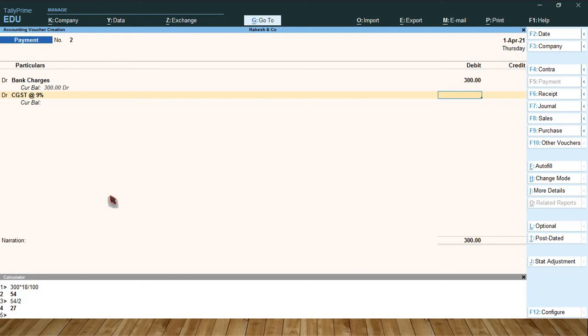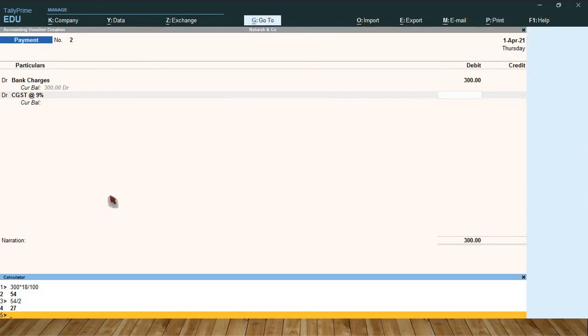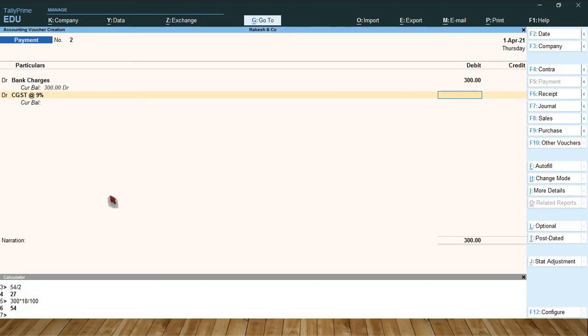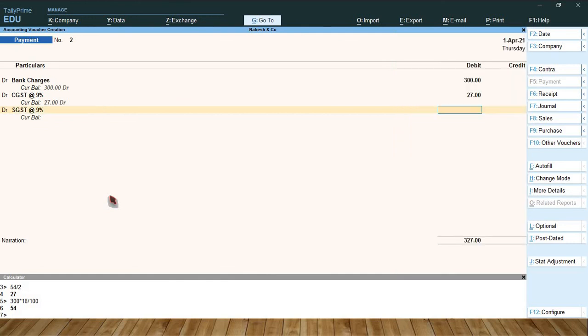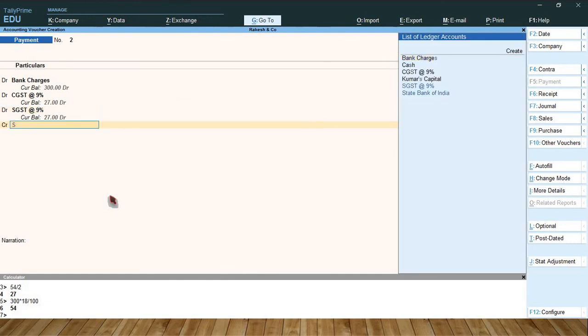So how much CGST? Control N, 300 into 18 divided by 100, that is 54 rupees, divided by 2, 27 rupees. So type 27, press one more D, SGST, 27 rupees. State Bank of India.